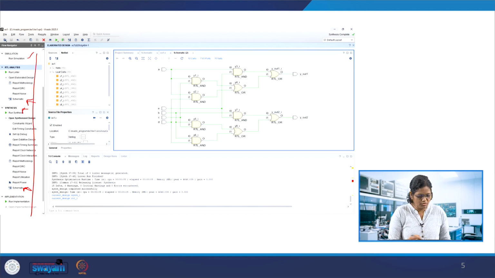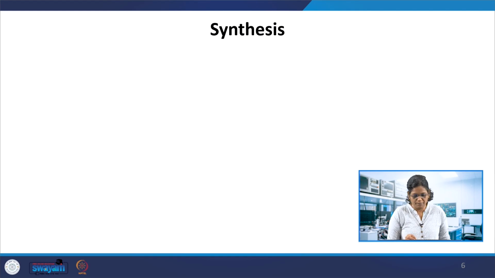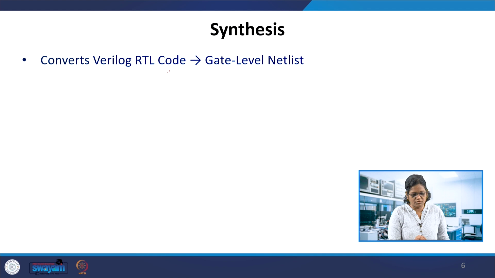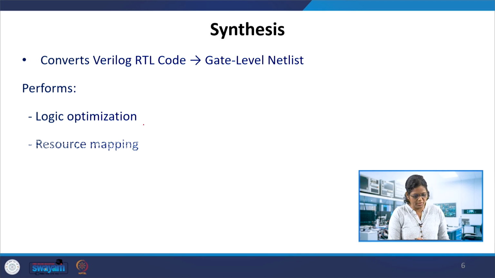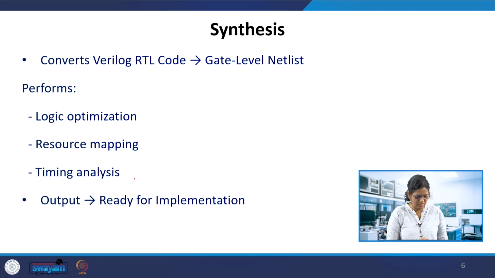So in this process we are now doing the synthesis. The synthesis converts this Verilog RTL code to the gate level netlist. It also performs, as I said earlier, logic optimization, resource mapping, checking for the resources, and timing analysis, and it is ready for the implementation and to get the output for it.